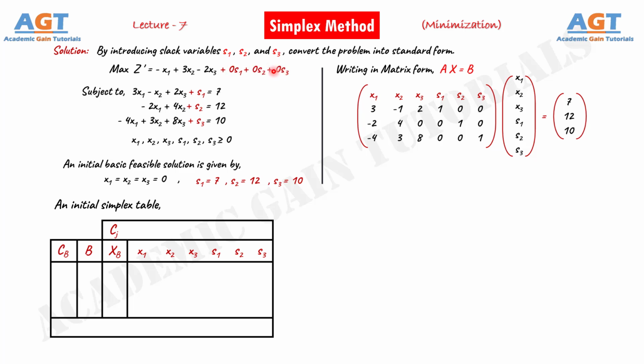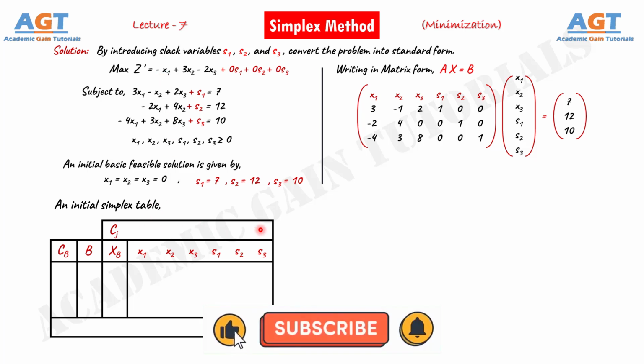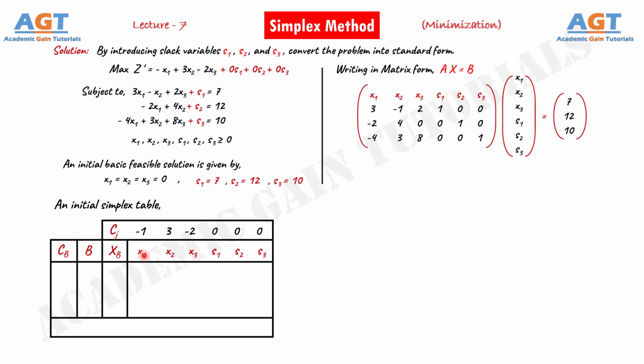We will write the cost of these variables from the objective function to fill up the row for Cj over here. So, we have written the costs, -1 for x1, 3 for x2, -2 for x3, 0 for s1, s2, and s3. So, this row has been filled.